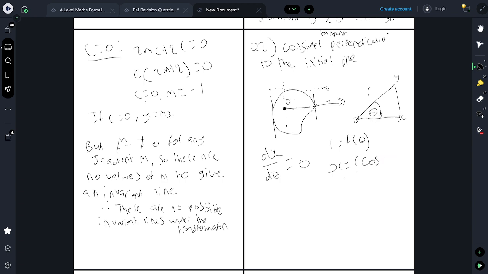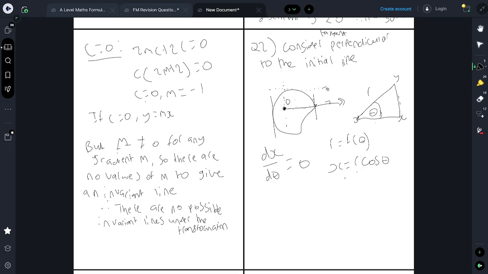Hopefully you should remember that if you revise polar coordinates. And obviously y would be r sine theta because y is opposite, facing the angle, but x is adjacent to the angle, so cos theta. Anyway, we're interested in x is r cos theta.